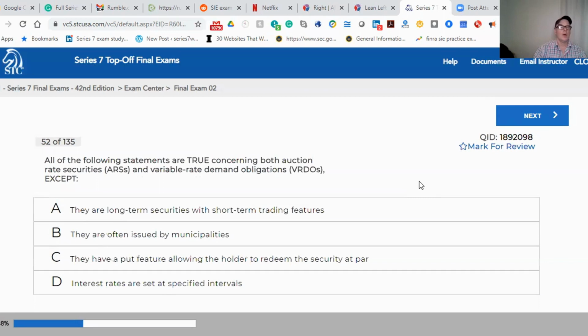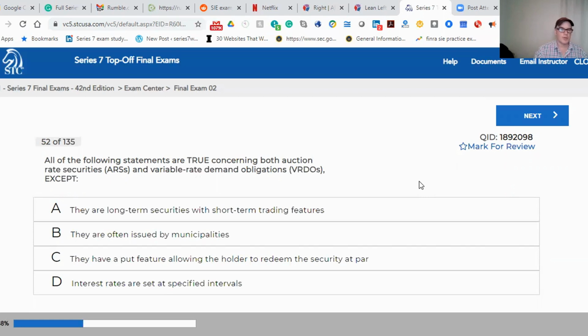Okay, all of the following statements are true concerning both auction rate securities and VRDOs. They are long-term securities with short-term trading features. Oh, what's not true? See what happened? You read too fast. All of the following statements are true concerning. I should always know that. Whenever they say true, there's usually an except following it. All the following statements are true concerning both ARSs and VRDOs, except: they are often issued by munis.